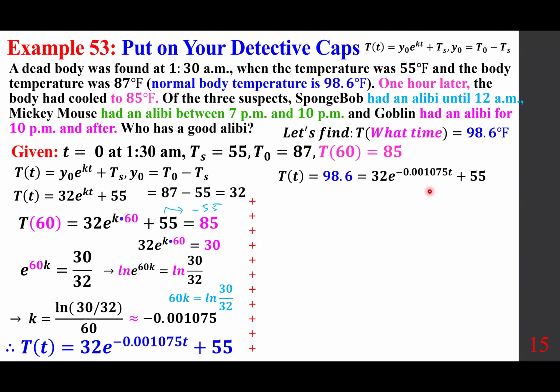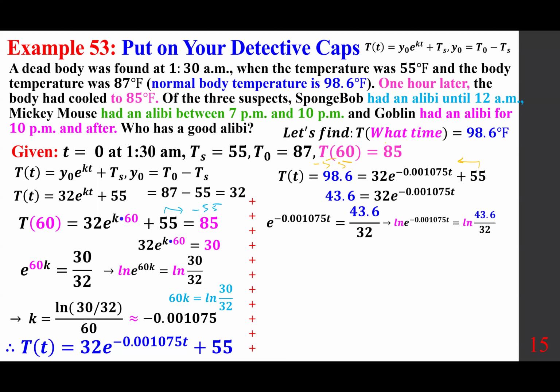So the very first thing, obviously, we are subtracting 55 from both sides. And 98.6 minus 55 is 43.6. We are going to divide both sides by 32. We're going to take a natural log of both sides.